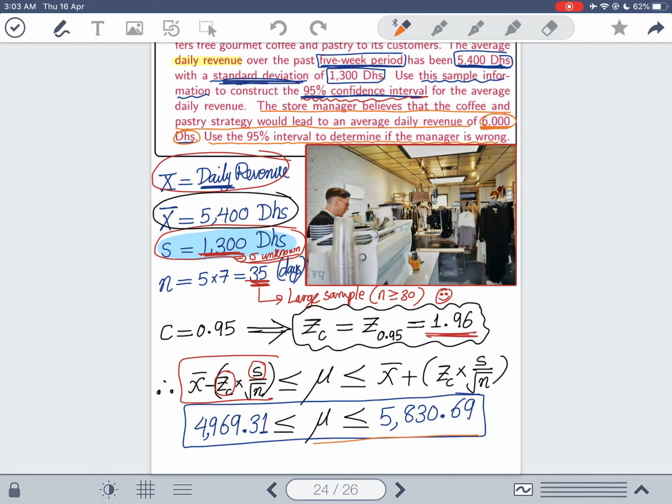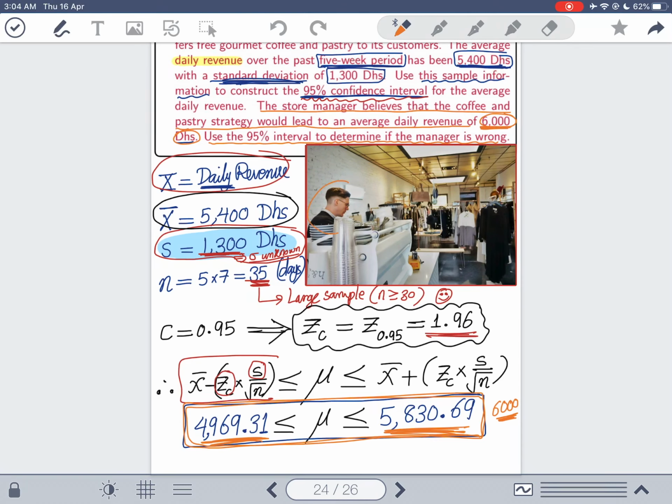But our 95% confidence interval showed us that the true population mean, the daily revenue, is between these two numbers. Notice that 6,000 is like 170 more, and it's not inside our interval. Because it's not inside our interval, the manager is wrong.